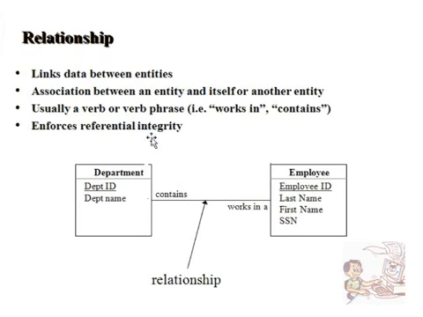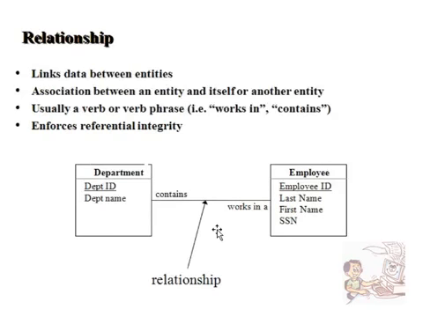Relationships can basically be of three types: a direct one-to-one relationship, one-to-many, and many-to-many. These are the three types of relationships you can have between two different entities.